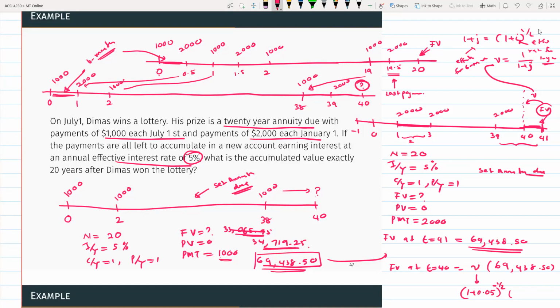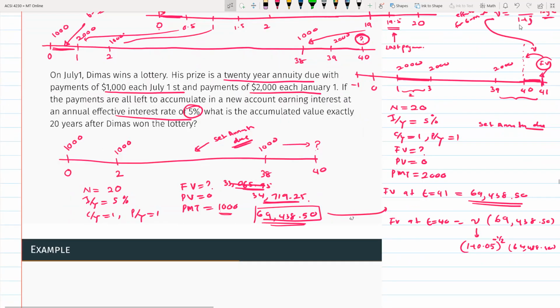Yeah, I get 67,065.04. So you can add this and 34,019.25 to get the value at 20. So this is the value at 40, and 40 basically means 20 years.